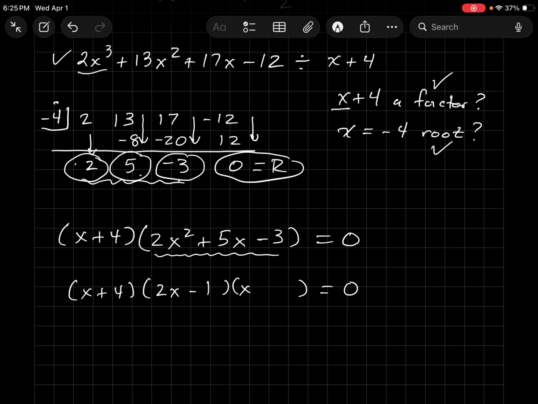But I will see if we can factor it, and it looks like we can. And we get these 3 factors, which means I can get all the solutions to the polynomial, that is all the zeros. We already know that x equals negative 4 is 1, but we also get x equals 1/2, and then x equals negative 3.